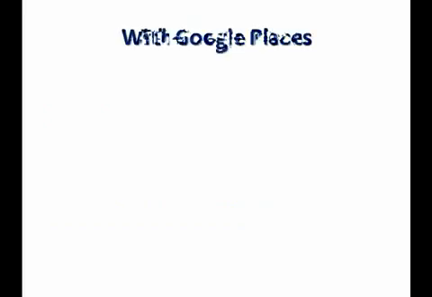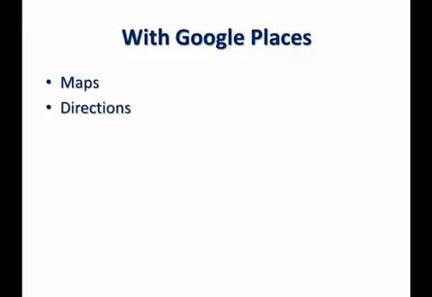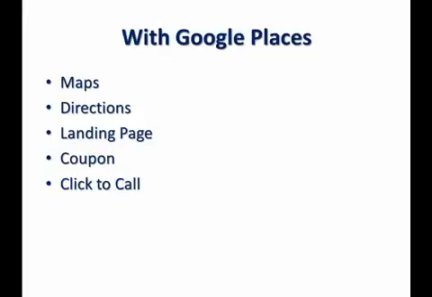Now, one thing that's pretty remarkable is with Google Places, you're already set up for mobile. You're set up on the map. You can get directions. It has a mobile landing page, which is your Places page, but it's your mobile Places page. You can set up coupons, which I showed you how to do in the last module, and it also is set up for click to call, as well as some advertising that you can do.